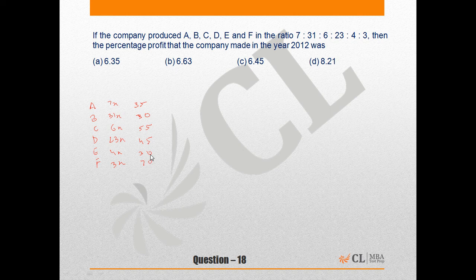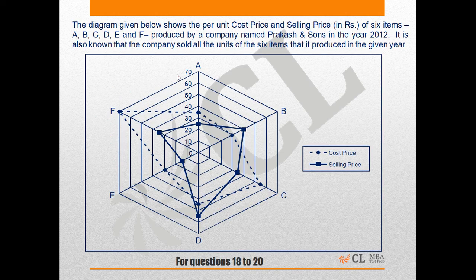I'll keep writing here parallelly. Now I'll keep it as cost price, and this is units. Now I'll figure out the selling price of each of these products.